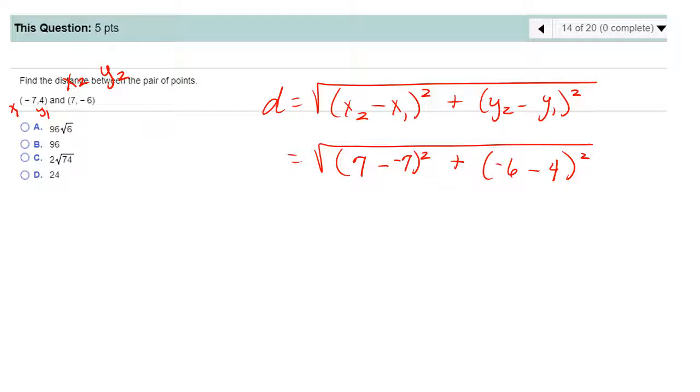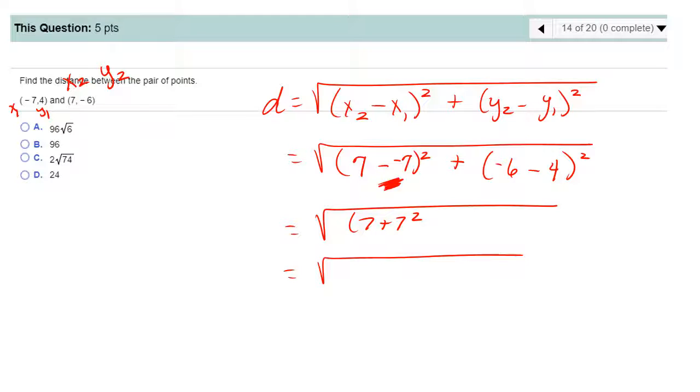Now notice I have a double negative right here with the 7s. So that's really 7 plus 7 squared, or 14 squared. Then negative 6 minus 4 is negative 10 squared, which would end up being 100.